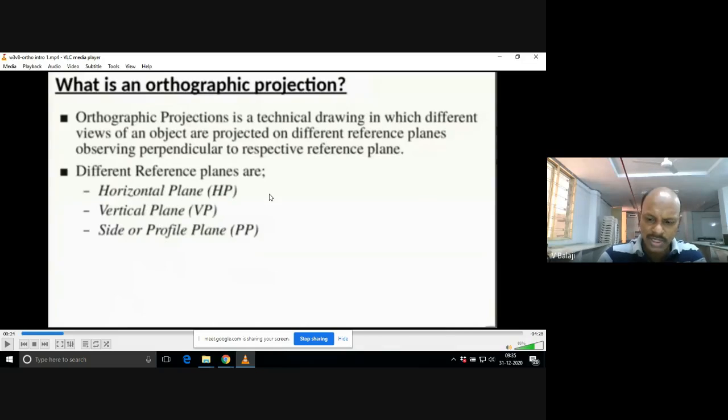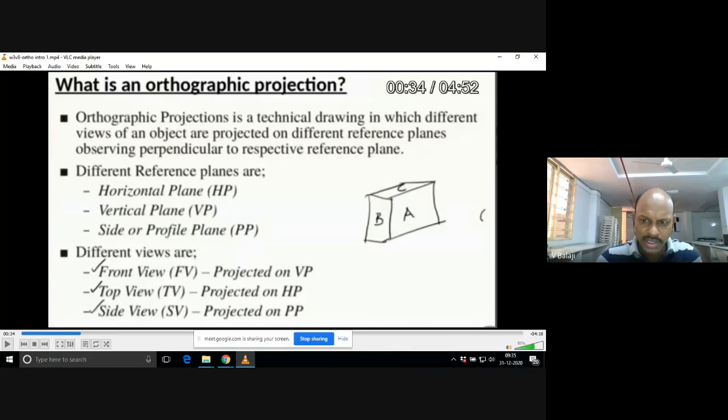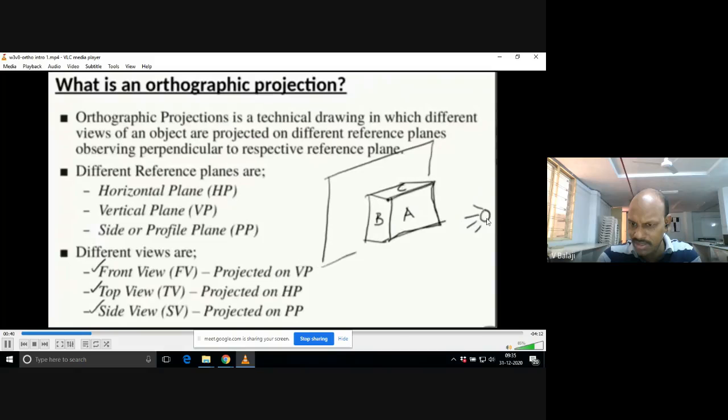Okay, so let us move further. You can understand. For example, see here, a person is here, watching. So this symbol, the person standing here, is watching this object. This object is having one face A. Something like a cuboid, or cube, you can say. If all faces are equal, you can say cube, otherwise it's cuboid. So a person is looking at this object, right?